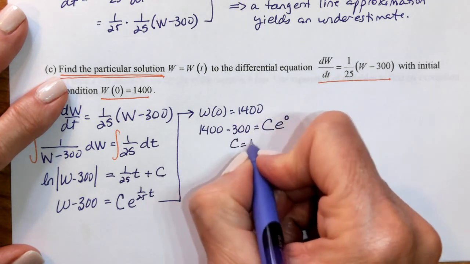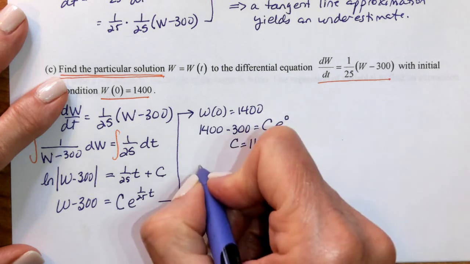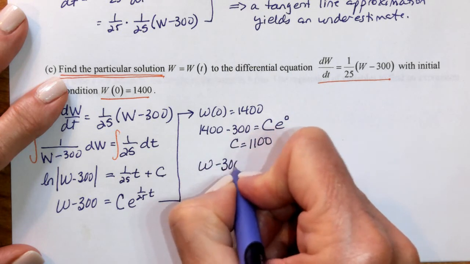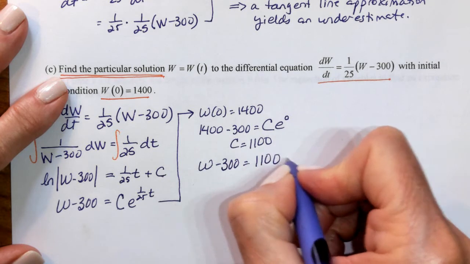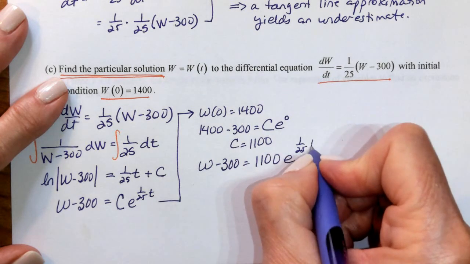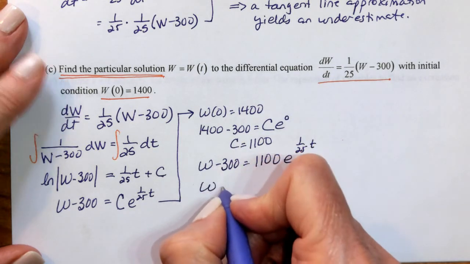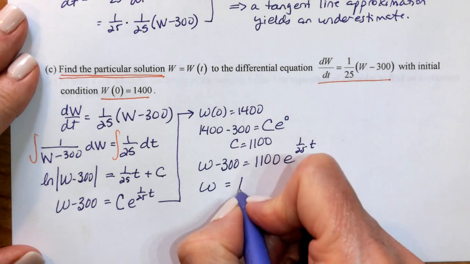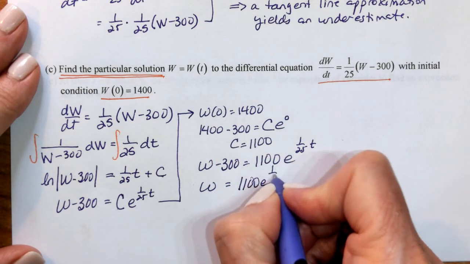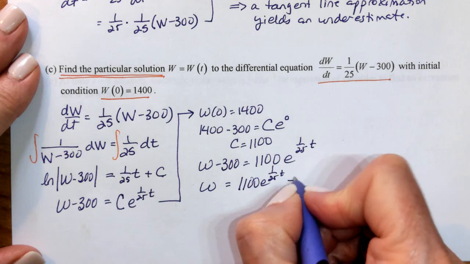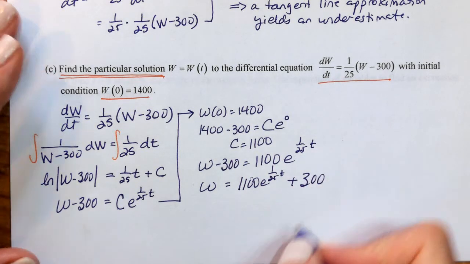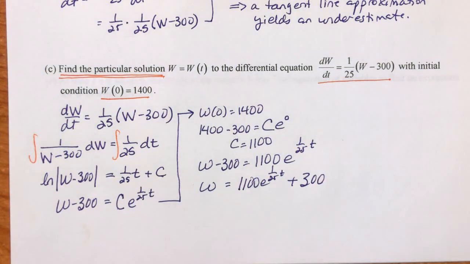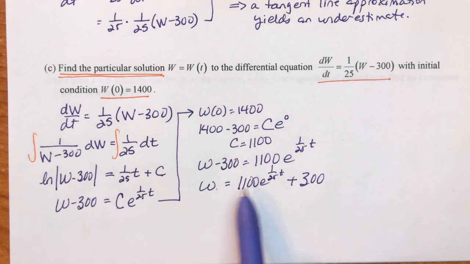So C is 1100, and W minus 300 is 1100 e to the 1/25 t. So W is equal to 1100 e to the 1/25 t plus 300. If you like, you can call that W of t, but it's obvious that it's a function of t from how we wrote the answer.